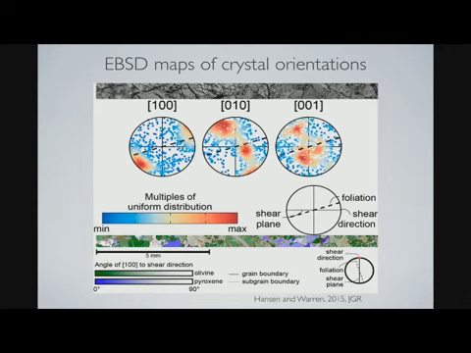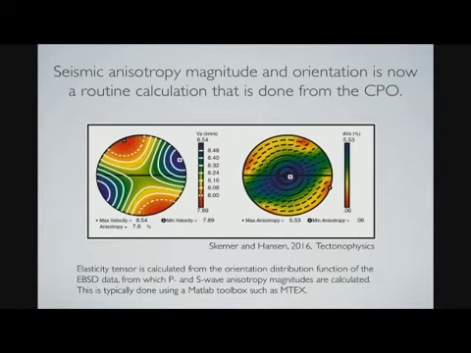This is going from field observations to actually getting the LPO itself, very closely linked to spatial structural measurements that we made in the field. And we could take it one step further. This is not for that same data set. This is an example from a review paper by Phil Skemmer and Lars Hansen, which is to say that nowadays it is very routine to take your EBSD data set and calculate the elasticity tensor from that, and then calculate what that means in terms of the splitting and the magnitude of the splitting.